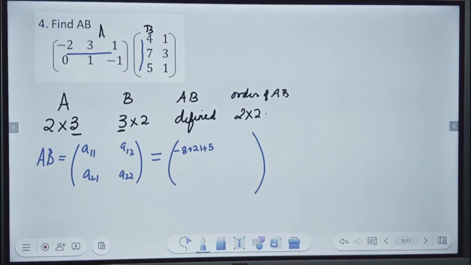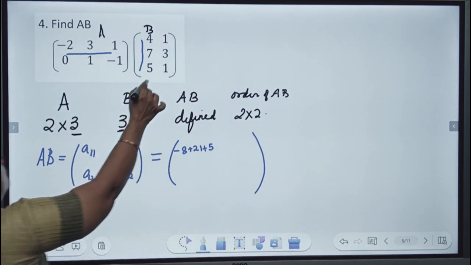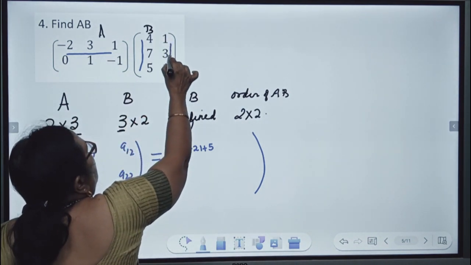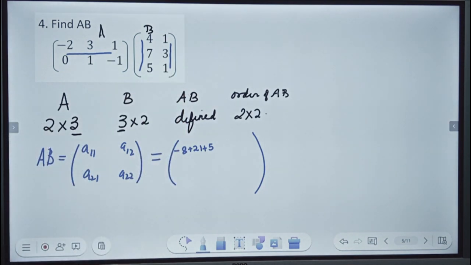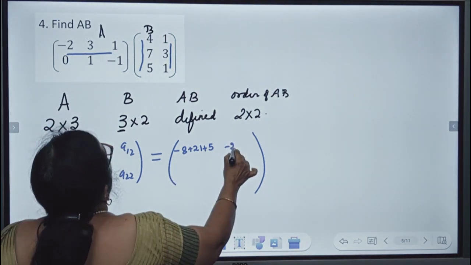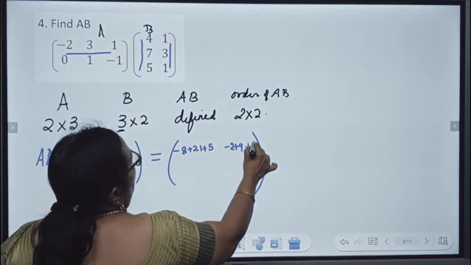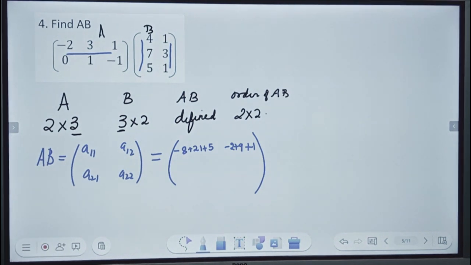Minus 2 into 4, minus 8, plus 3 into 7, 21, plus 5 into 1. Next element is A12, first row, second column. So when I multiply, what will I get? Minus 2 into 1, minus 2, plus 3 into 3, 9, plus 1 into 1, 1.